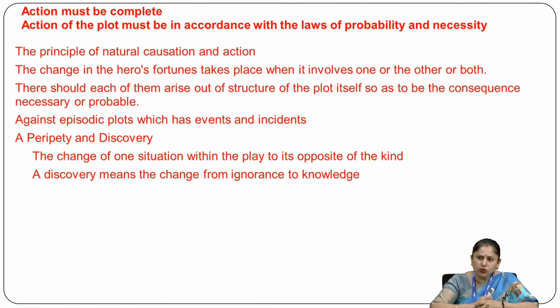Probability shows that if these particular things happen, that's why the hero has made a mistake. As for example, in the case of Othello, you know the story of Othello, as he found the handkerchief in Desdemona's cabin, and the same handkerchief was found in Cassio's hands, that's why he was very much disturbed and he took a rash action.